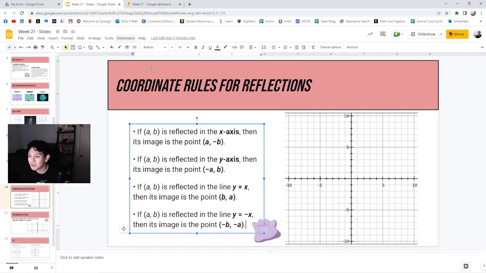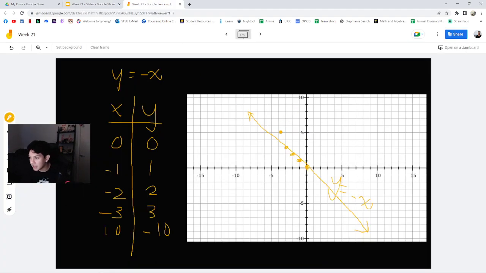So what is the rule for this one? If AB is reflected in the line y equals negative x, then its image is the point negative B, negative A. So let's try this out. So if I have a point over here in the first quadrant, let's say that this is 2, 5. Let's reflect this, okay? It tells us if we have AB. Oh god, that's ugly. I'm so sorry, I'm not on it today.